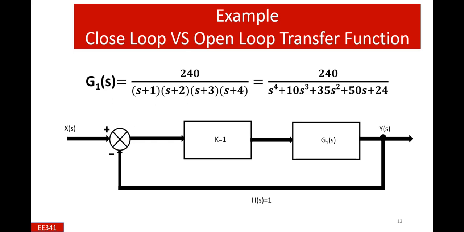Comparison of closed loop and open loop transfer function by using this block diagram, where K equals 1 and also unity feedback. Then the open loop transfer function G1(s) is 240 over the poles at -1, -2, -3 and -4, the multiplication of these poles.